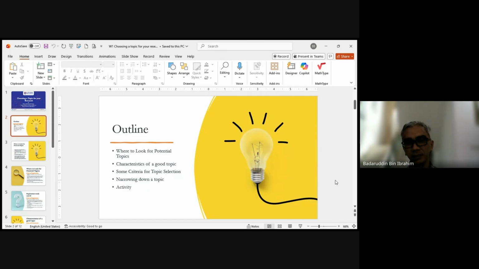That's why the next point, narrowing down your topic, is crucial. And then I will end with the activity, which I hope is considered as the assignment for this session. This activity you need to submit through author.